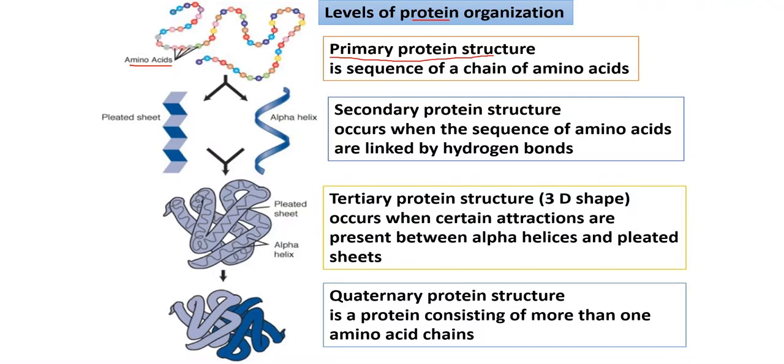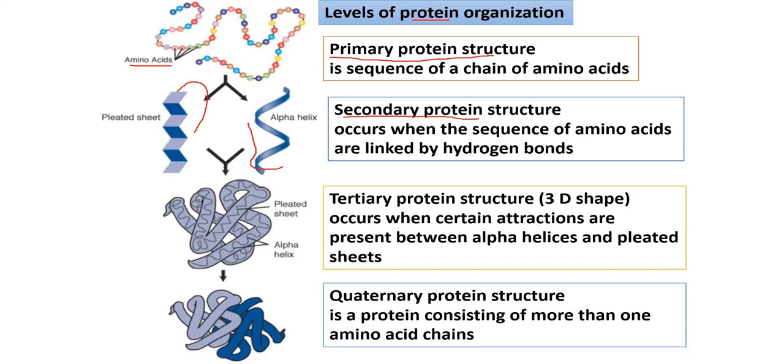Then proteins have secondary protein structure, and it occurs when the sequence of amino acids is linked by hydrogen bonds. So these amino acid chains can also bend and attach to each other in different shapes, as shown here.